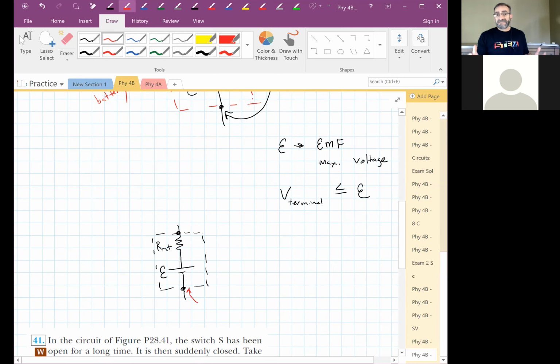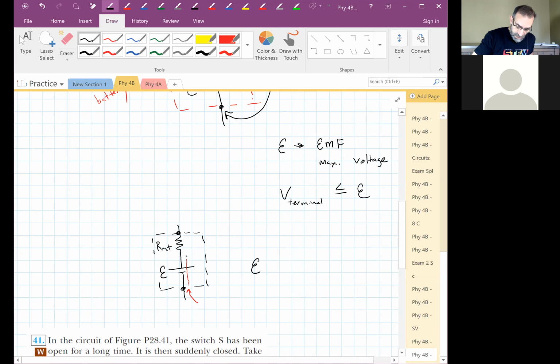Let's just call that 0 volts. You come through the battery, you go up by the EMF of the battery, right? Whatever that voltage source is. We've just had a voltage rise of that amount. If this is a 1.5 volt battery, we've just gone up by 1.5 volts.